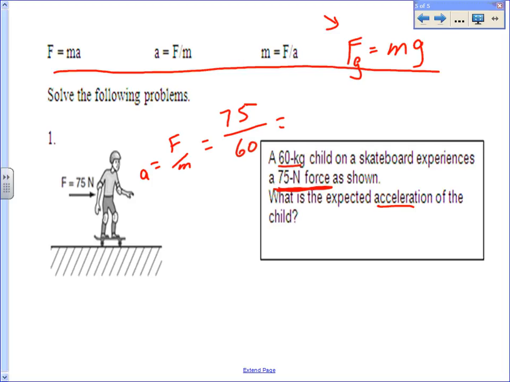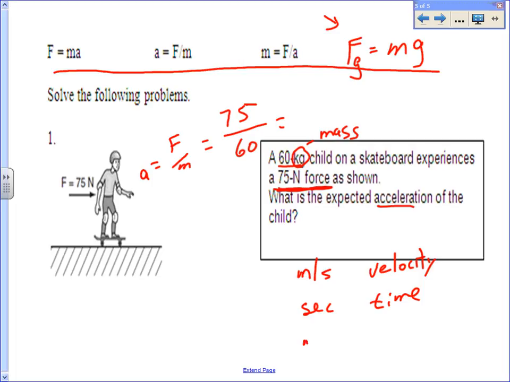I'm not going to solve every problem here, just showing you how to work one or two problems. And the idea is this is a reading exercise as much as anything else, because you have to know that kilograms measures mass. You have to know that meters per second measures speed or velocity. You have to know that seconds measures time.